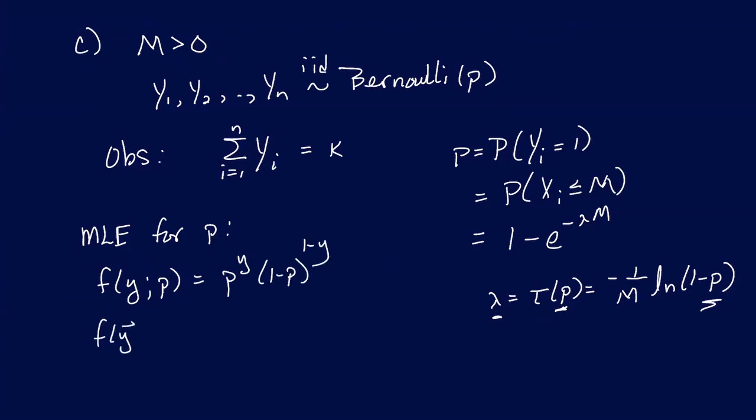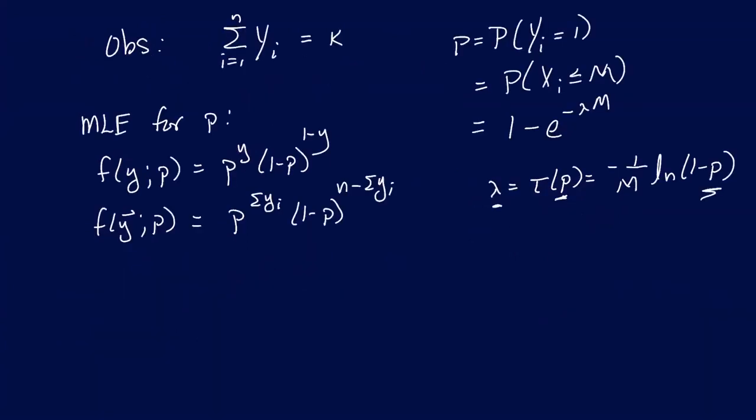The joint distribution comes from multiplying these together, and we get p to the sum of the yi's, times 1 minus p to the n minus the sum of the yi's. Then we can take this to be the likelihood. I'm being lazy and didn't write my indicators, but I would be dropping them at this point because they are constant when you think of this as a function of p.